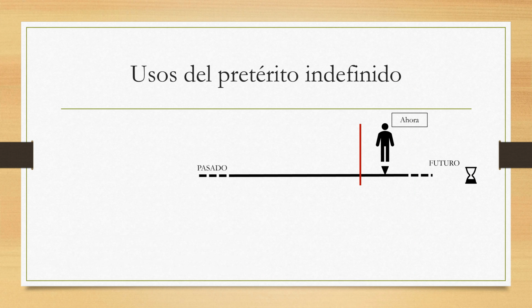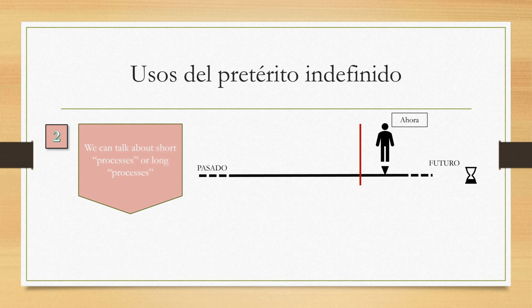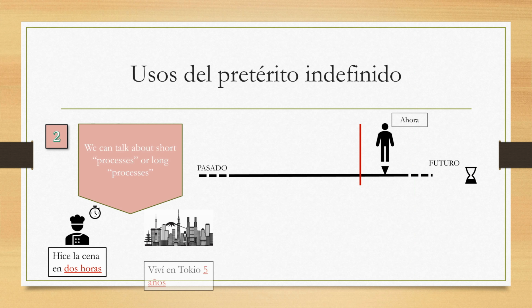Another characteristic of pretérito indefinido is that I can actually talk about short processes or long processes. These actions or events that I refer to here as processes can be short, for example, hice la cena en 2 horas, or they can be long. Viví en Tokio 5 años.